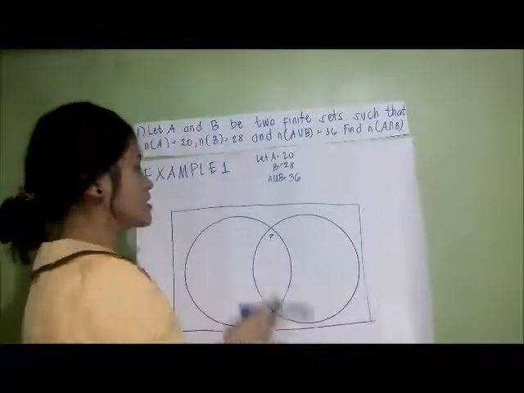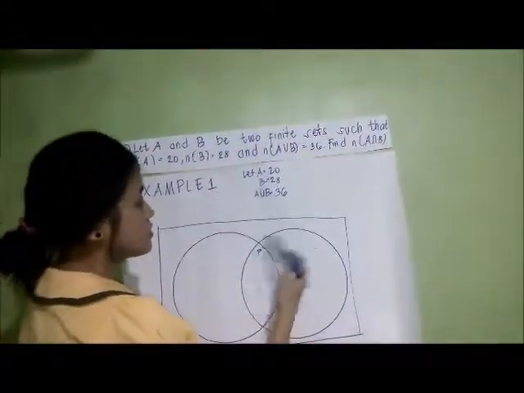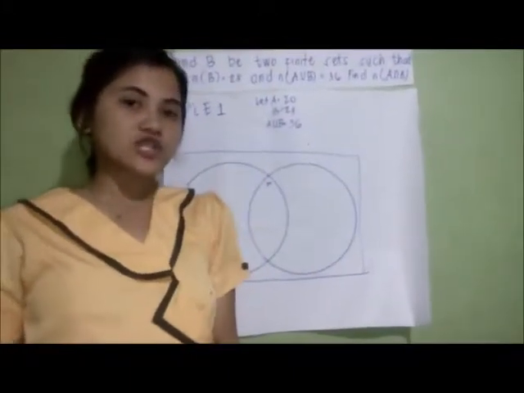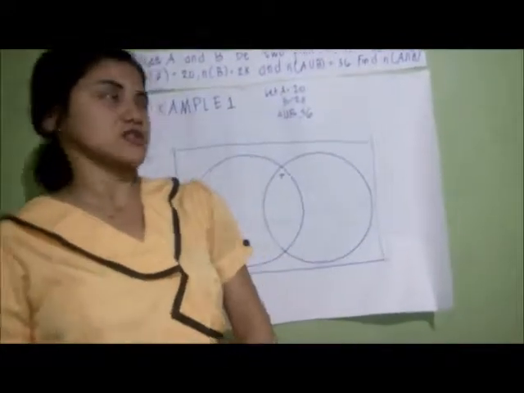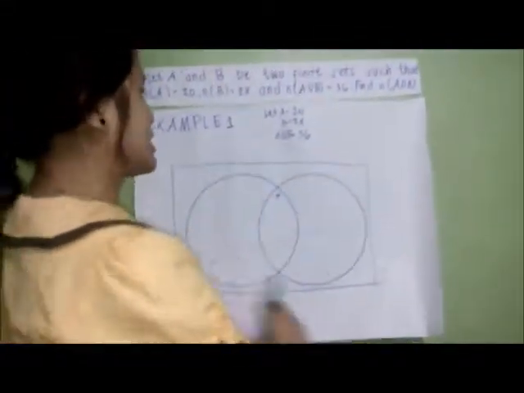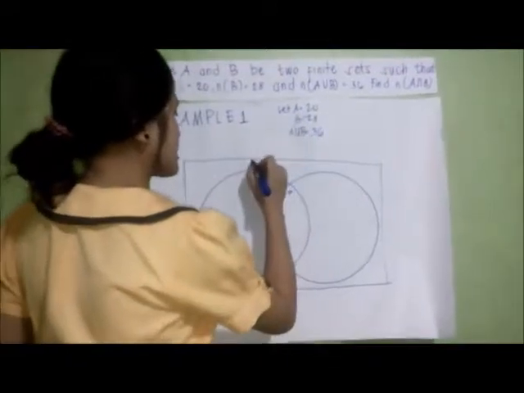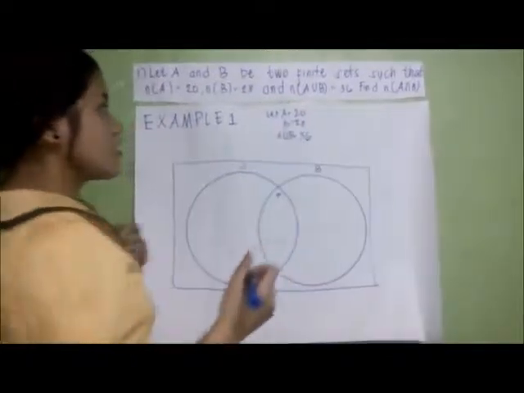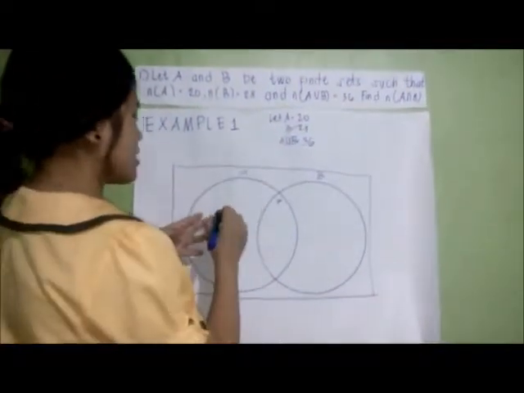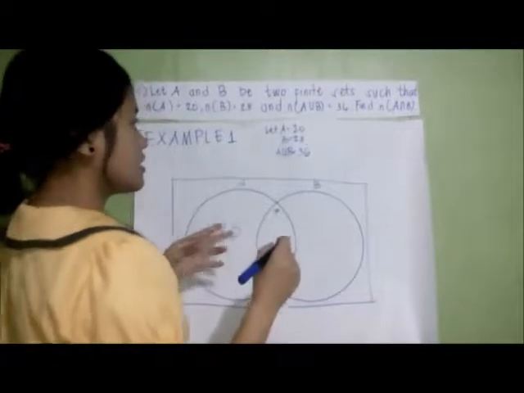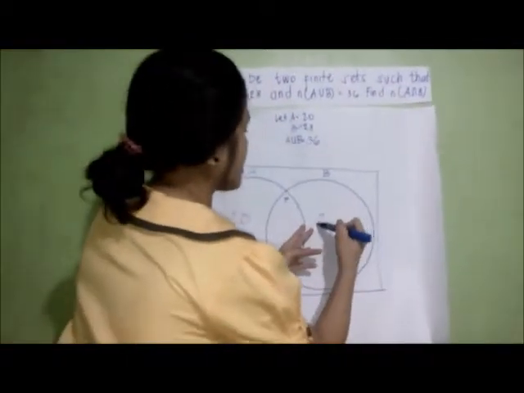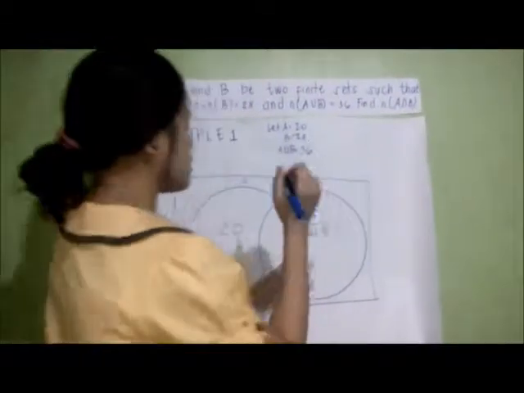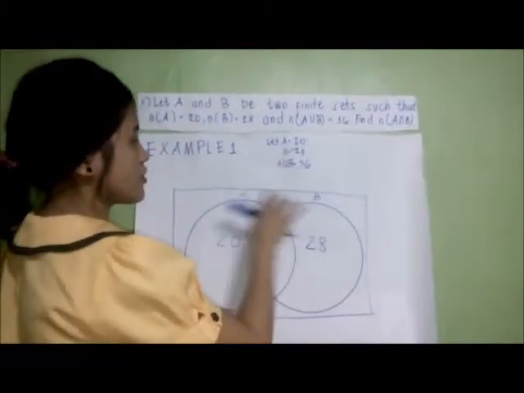Since we have two sets, we have two circles. Step 4, fill up the number of elements in each circle and overlapping circles. So this is set A, and this is set B. Set A is 20, and set B is 28. Our missing element is the intersection between the two.